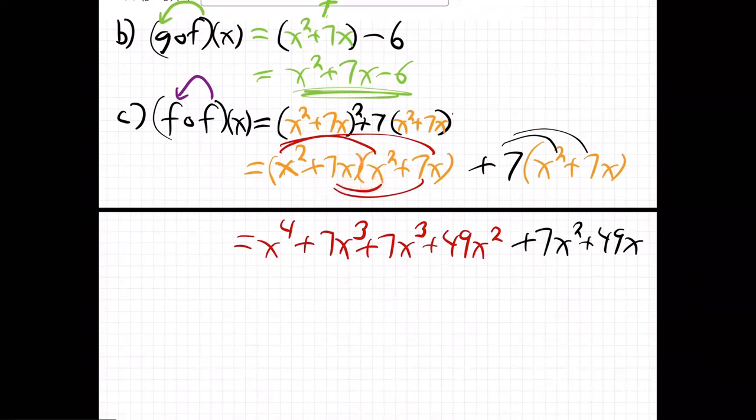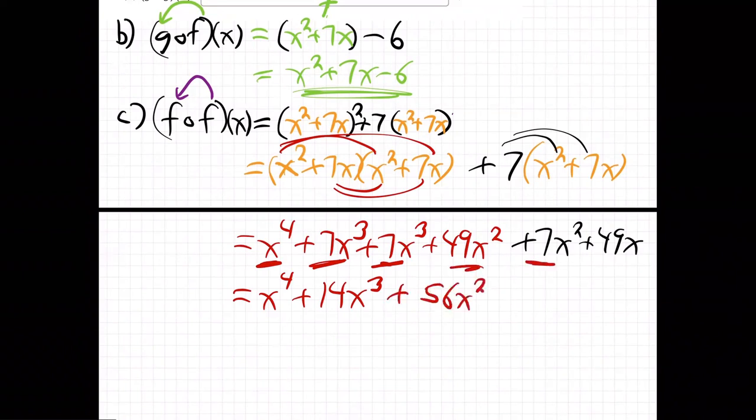Okay, now let's gather like terms. So what do we got? x to the fourth is in a class by itself, and then 7x cubed and 7x cubed is 14x cubed. We're adding, so we just have the numbers in the front, we don't mess with powers. And 49x squared and 7x squared, what's that? 56x squared. And then lastly, 49x.